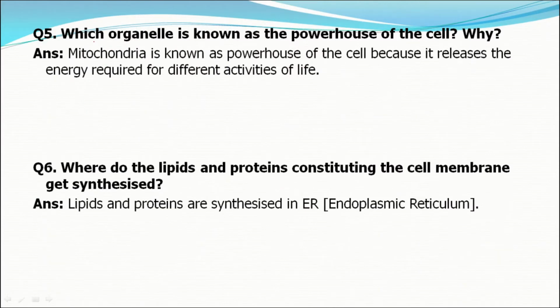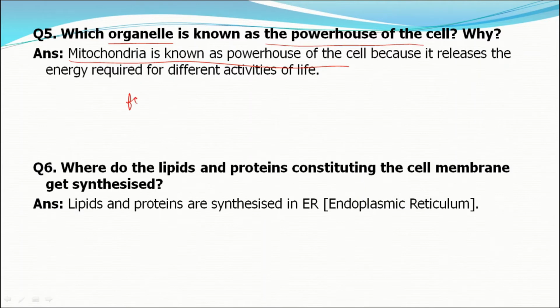Our next question is, which organelle is known as the powerhouse of the cell? This is quite easy. Mitochondria is known as the powerhouse of the cell. Why? Because it releases energy required for different activities of life. How?